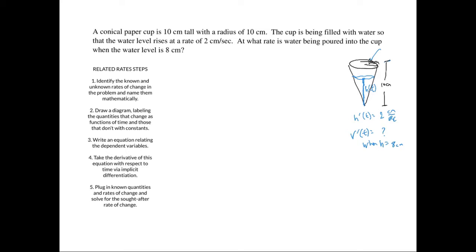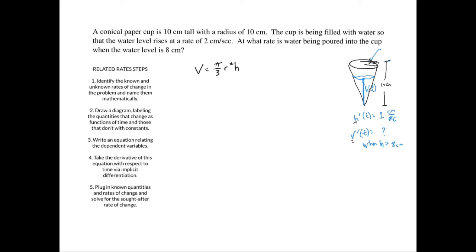In this case, you're almost always going to be drawing upon some knowledge of geometry you have. We want something that relates the volume and the height, not their rates of change yet, because we're going to find those when we take the derivative, but the volume and the height itself. So from geometry, the volume of a cone is pi over 3 r squared h.